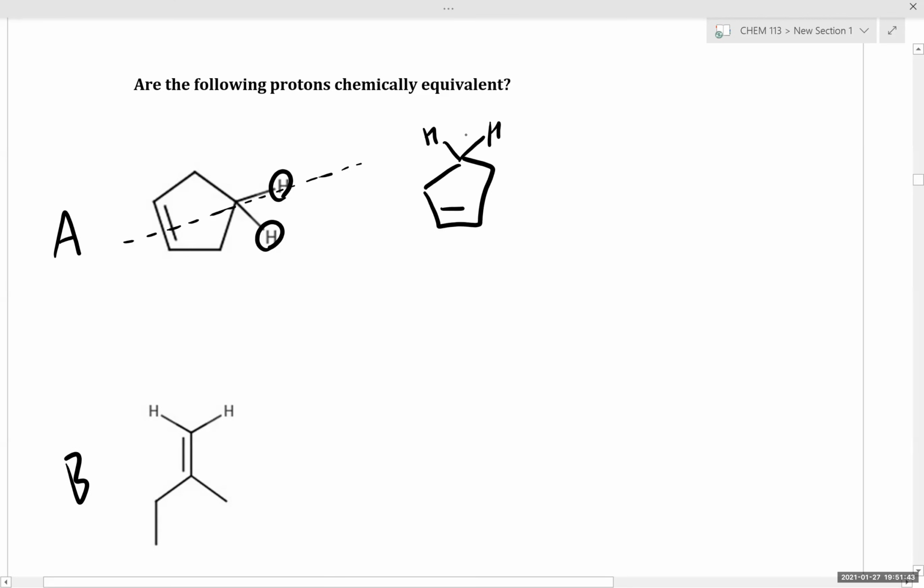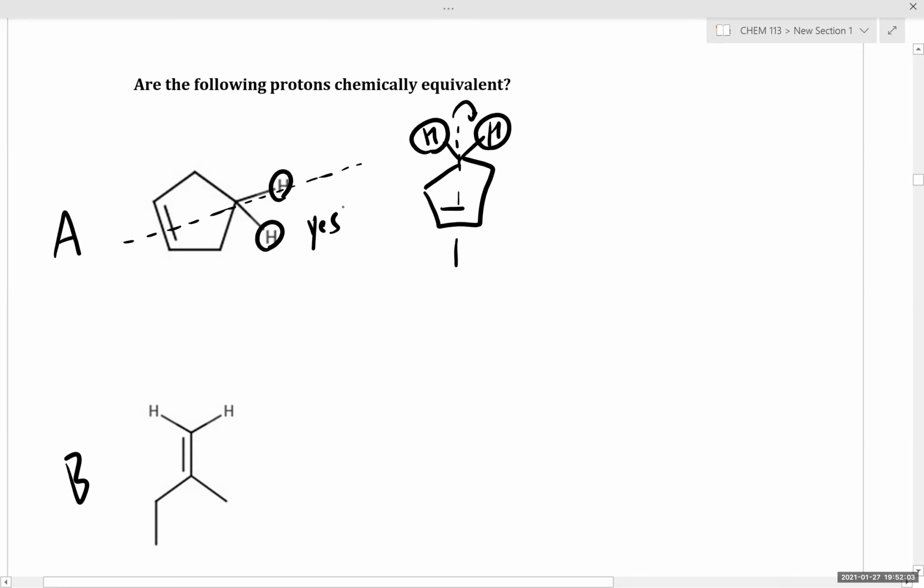And they're also identical via rotational symmetry. Does everyone see how, if we rotate this molecule about this axis, they're identical? Okay, so A, they are chemically equivalent.